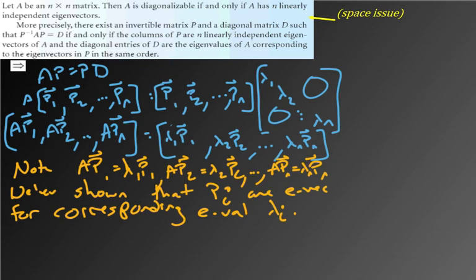What we also need to show is that the columns of P are linearly independent, okay? And I think I can squeeze that in over here maybe.